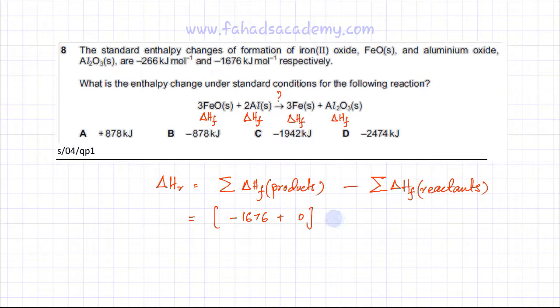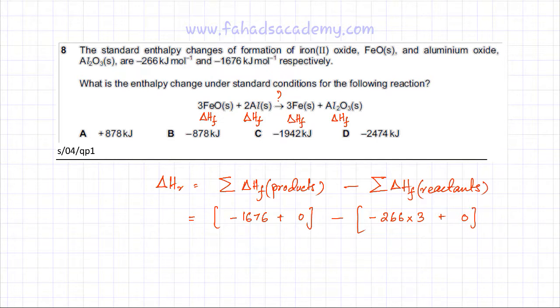And minus my reactants. So for FeO, the enthalpy of formation is given as minus 266, but that would be multiplied by 3 because I have 3 iron oxides over here. And aluminium is 0.